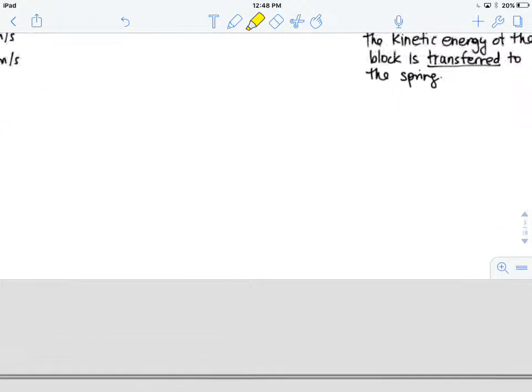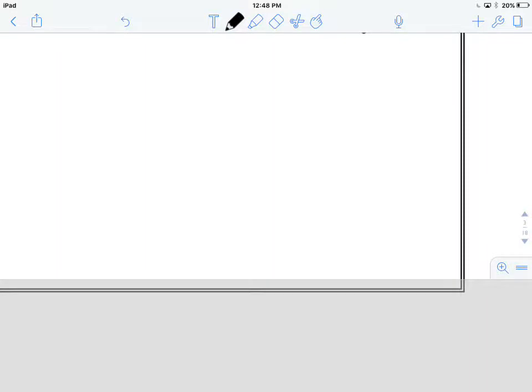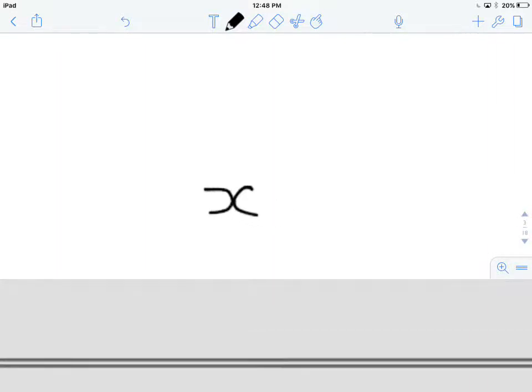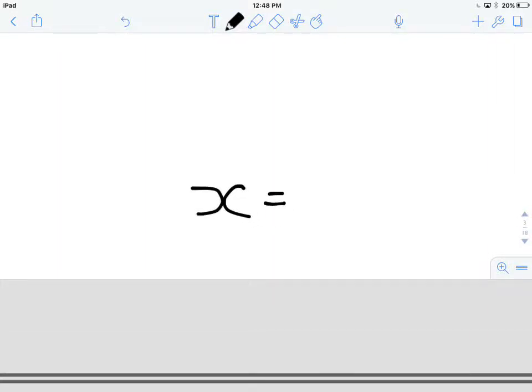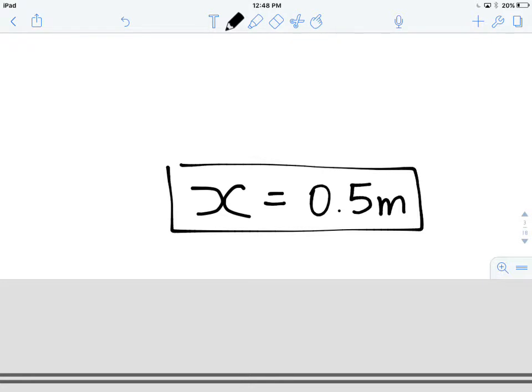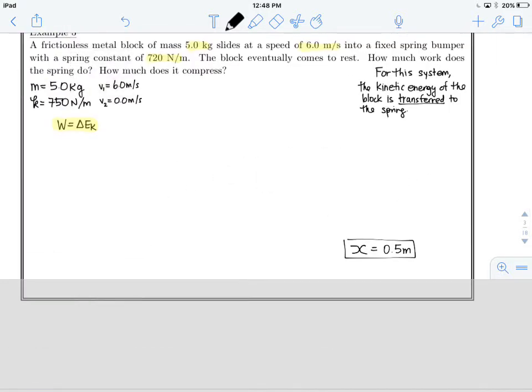You will find out when you check your answer that the compression of the spring x is equal to 0.5 meters. So try this question on your own, and we'll take it up in class next day.